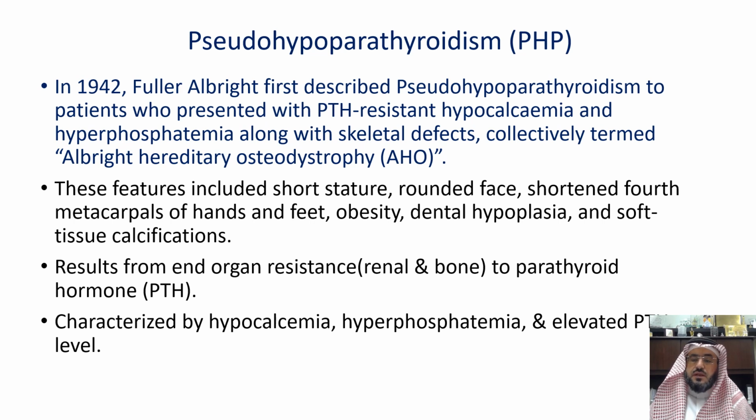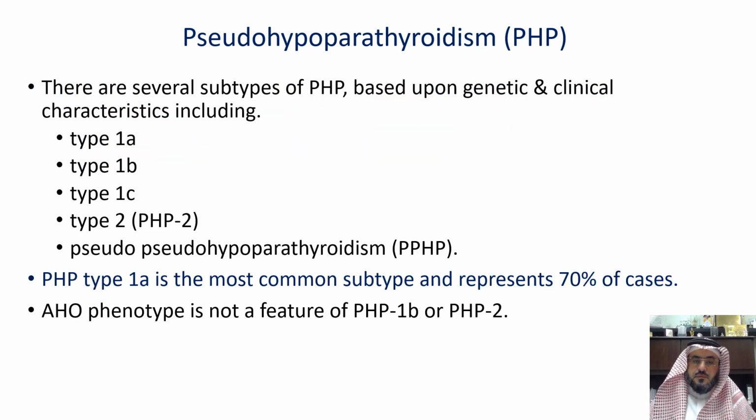It results from end organ resistance to parathyroid hormone, at the parathyroid hormone receptors in the kidney and in the bone. That's why the parathyroid hormone level is high, and despite parathyroid hormone being high, we have low calcium and high phosphate. It has many subtypes: type 1A, type 1B, type 1C, type 2, and others.